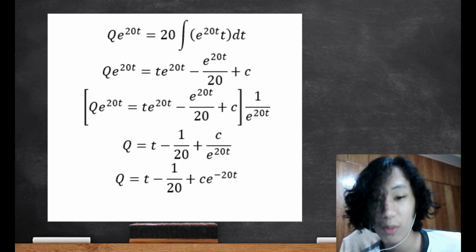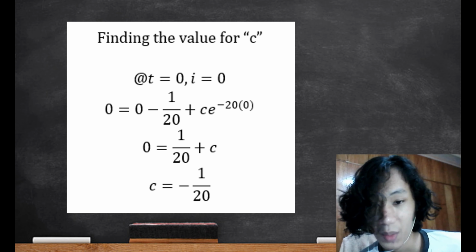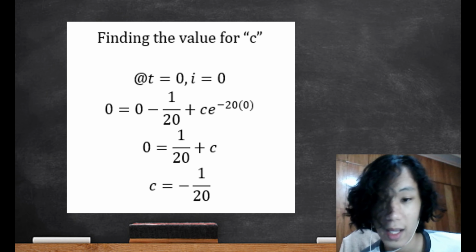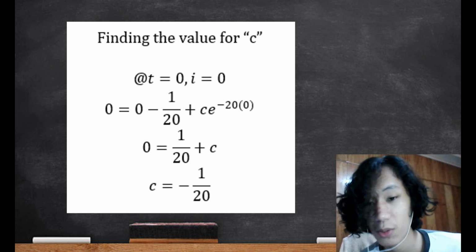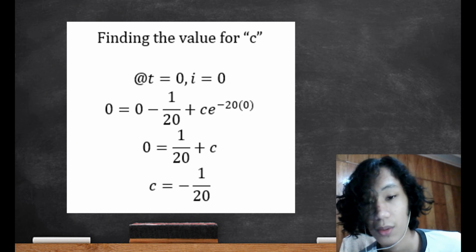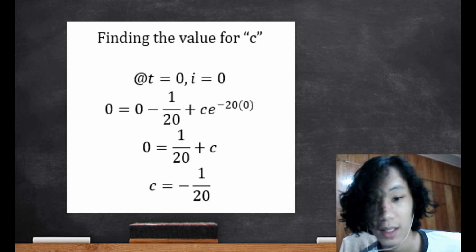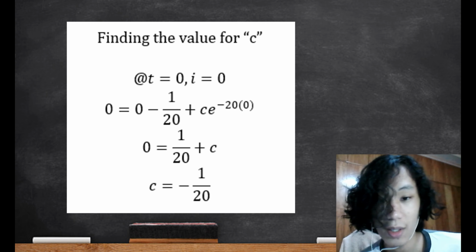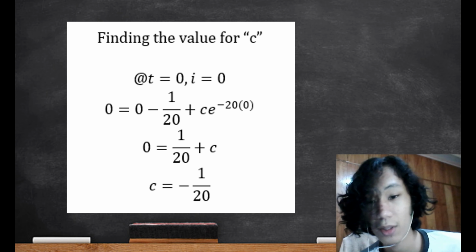To find the value for c, we will use the initial value given. Our formula is q = t minus 1/20 plus c times e raised to negative 20t, and at t = 0, q = 0.